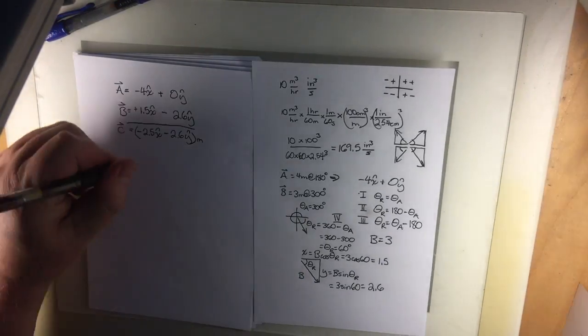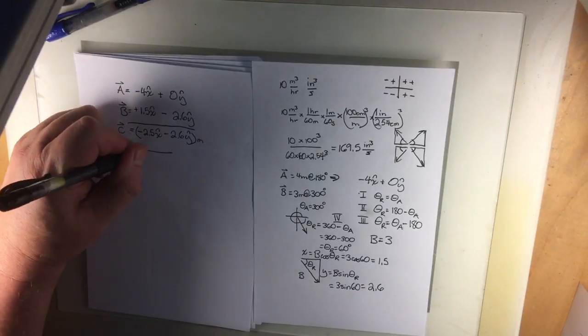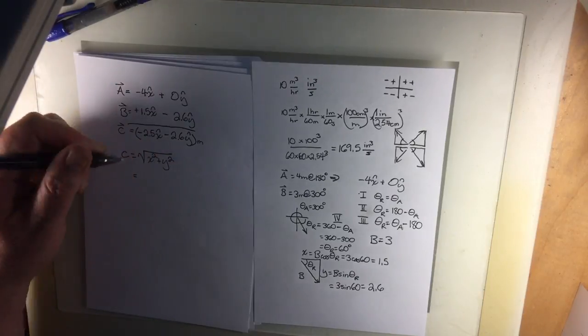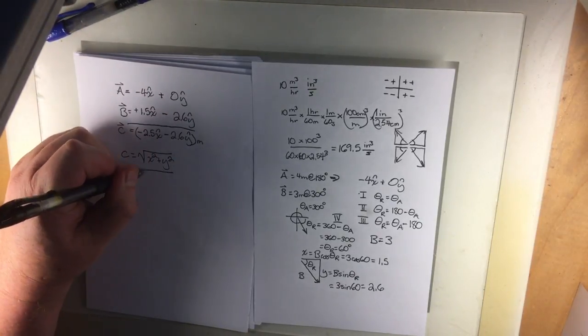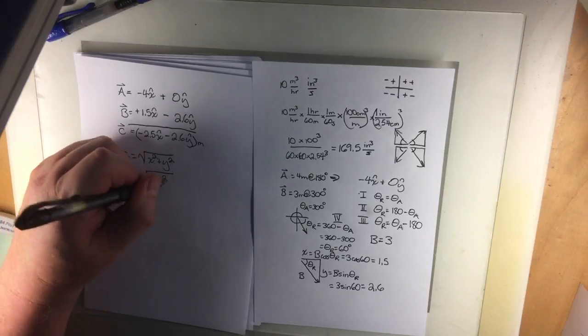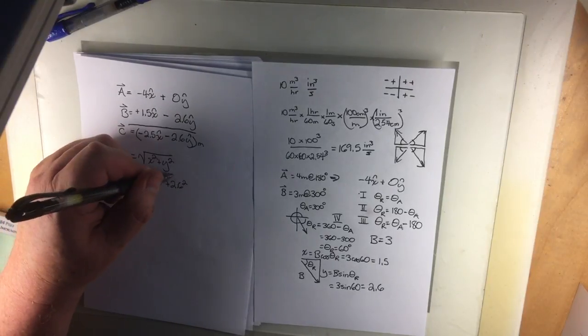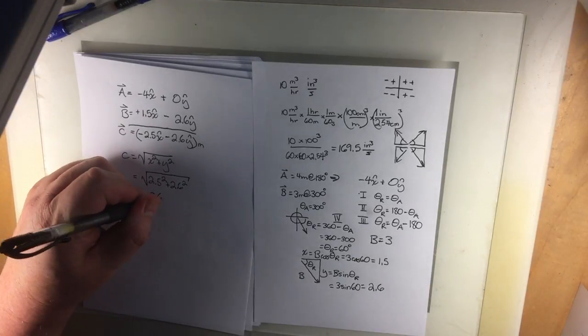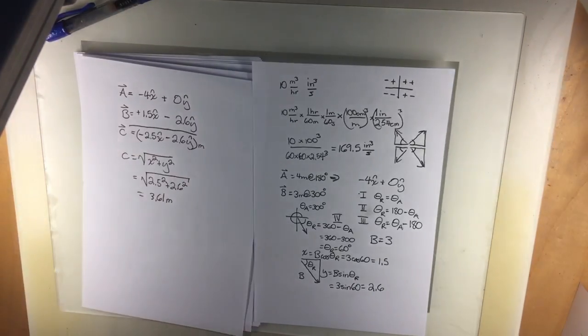Now recombine. C is square root of x squared plus y squared. Those are the magnitudes of the components of C. So 2.5 squared plus 2.6 squared, square root. Square root of 13.01. 3.61 meters.